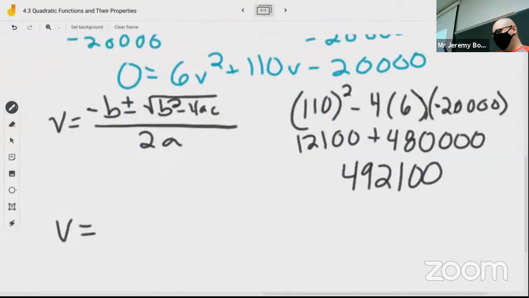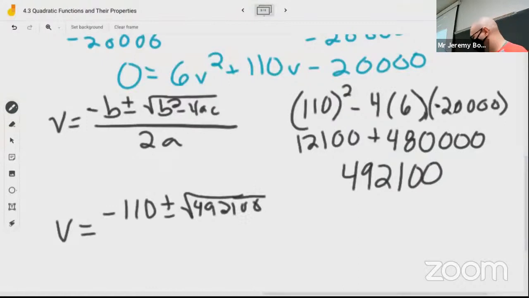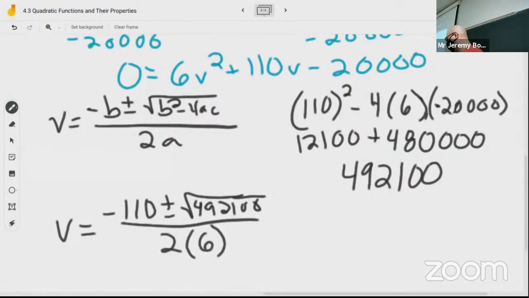So V is equal to negative B, so negative 110 plus or minus the square root of 492,100 over 2 times 6. The big question is, can we take the square root of that?